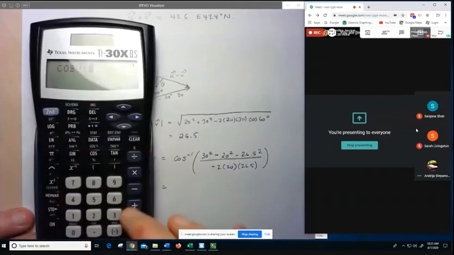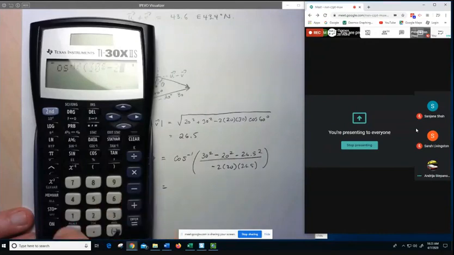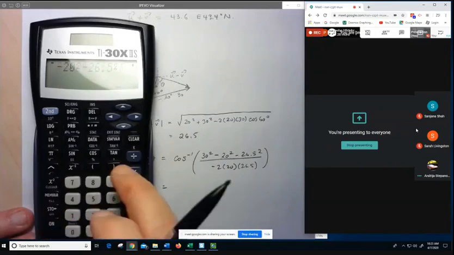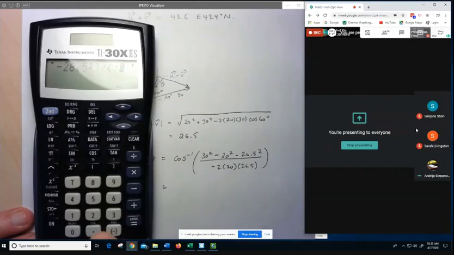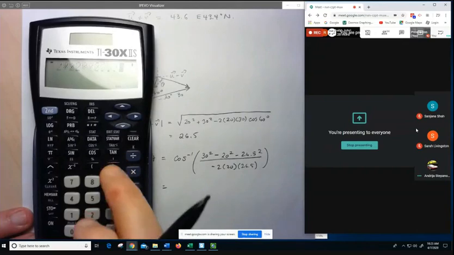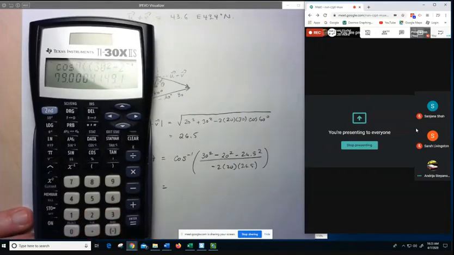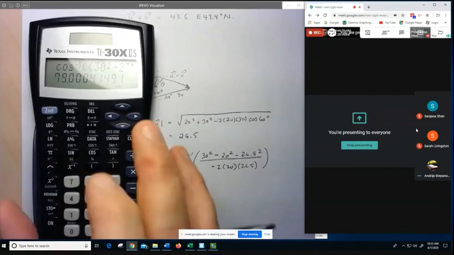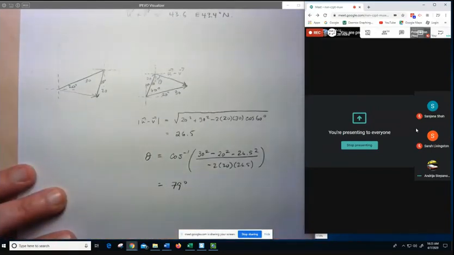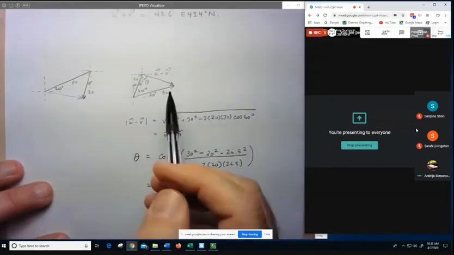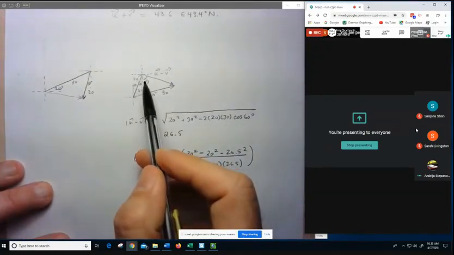Okay, cos inverse of, make sure I put brackets around the numerator, 30 squared minus 20 squared minus 26.5 squared. Okay, close my bracket, divide by the denominator. Again, open a bracket, negative 2 times 20 times 26.5. Okay, and it looks like we get an angle of 79. Okay, but of course, 79 represents this whole angle here.